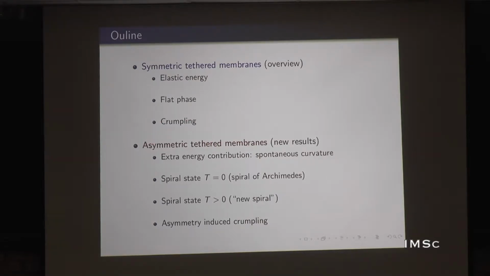The second part will basically be our work, and that will be on asymmetric tethered membranes. We will start with the energy contributions. Then there is a spiral phase, which is a very novel kind of ground state for this kind of systems. The spiral state at t equal to 0.